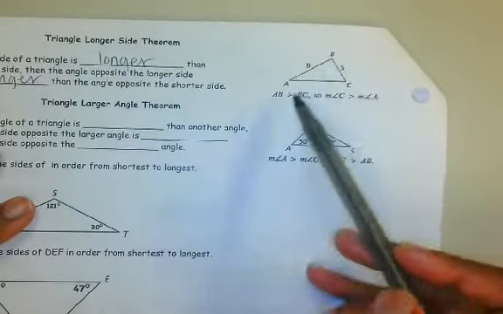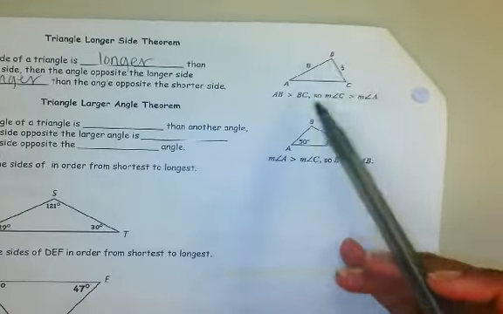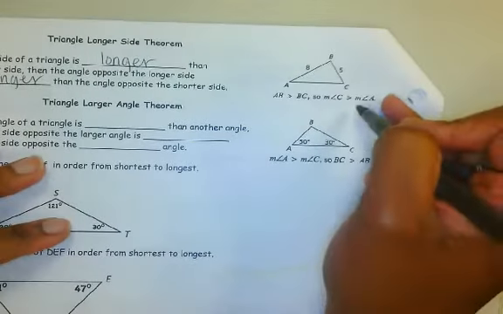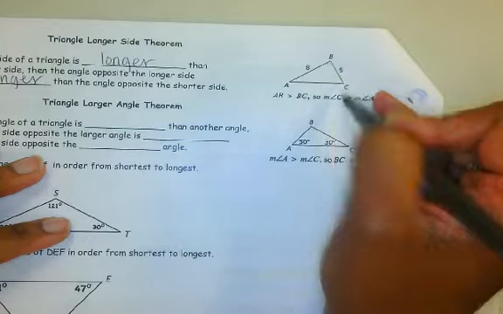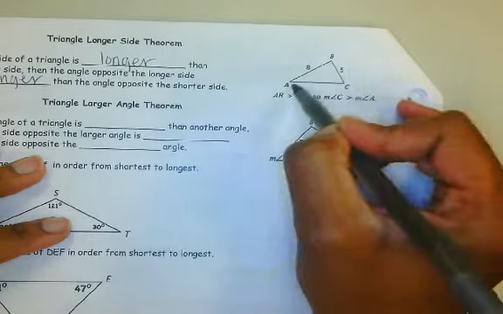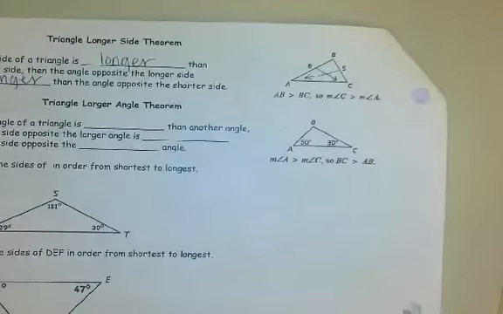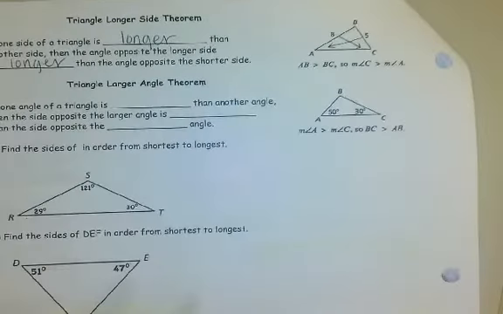Okay, so if you look here, side AB is greater than side BC. So then we know that angle C is bigger than angle A. Okay, so the opposite angles correlate with how long their sides are, and that's very important to know.